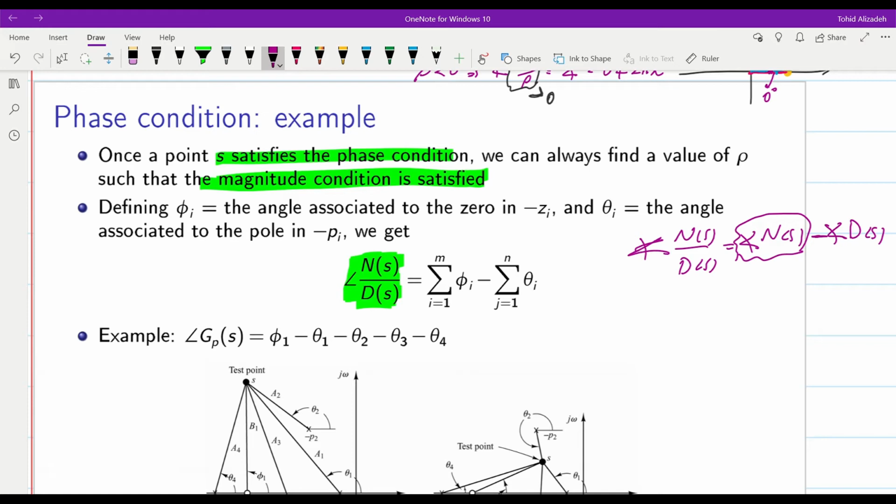Okay. For phase of n of s, we can find out the phases that we get from zeros, and then they will be written in the form of sum of phi i's for i starting from 1 to m. Keep in mind that m is the number of zeros of the system.